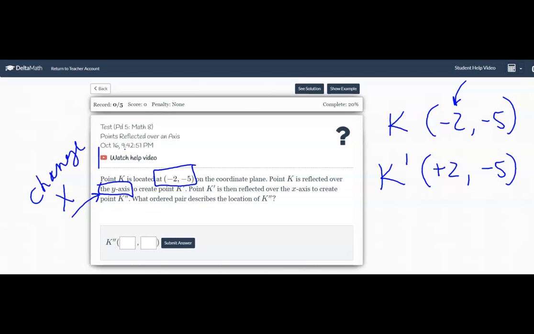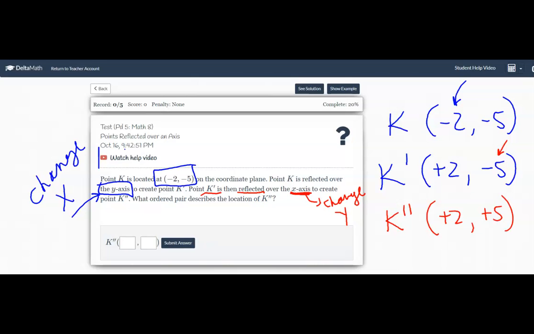And then it goes on to say, point K prime is also reflected over the x-axis to create K double prime. This one is reflected over x, so that means we change the y. So +2, +5.